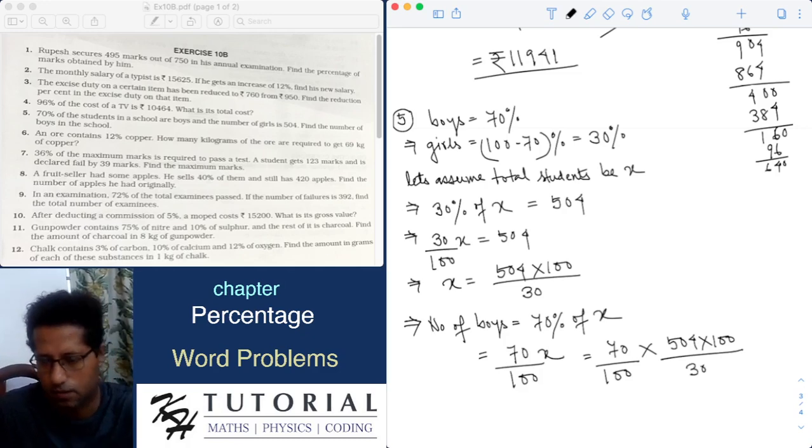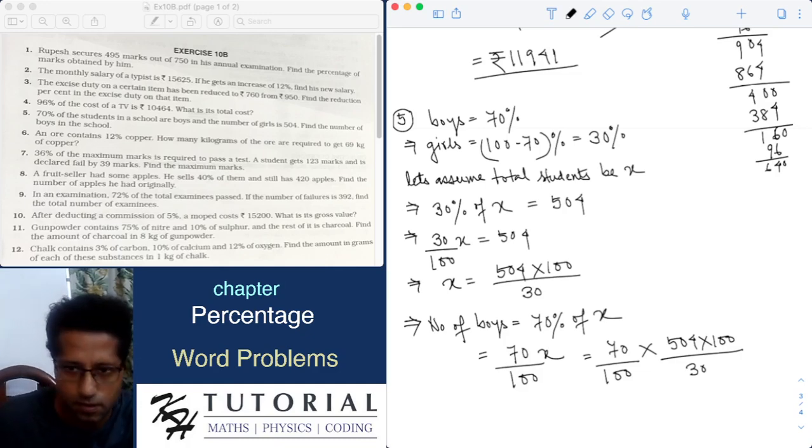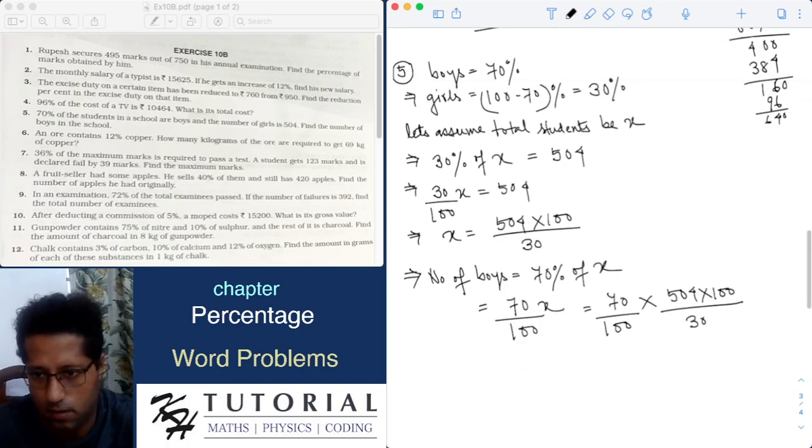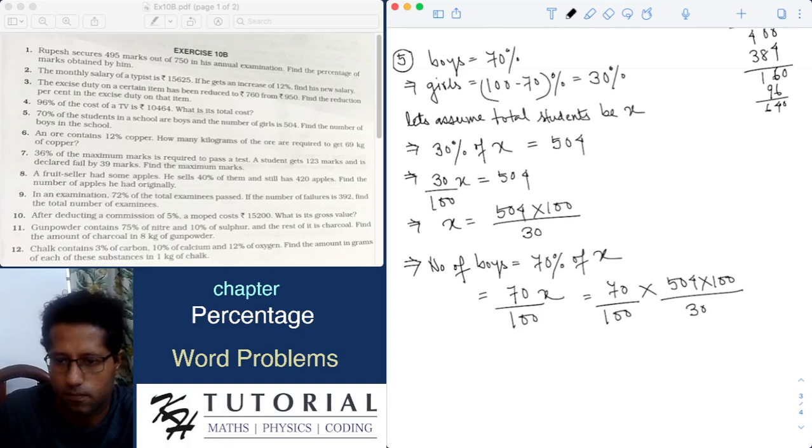So you see 100 will get cancelled out. A lot of factors will get cancelled out. That's the reason I did not compute the final value of X. I kept it like this. So now if we simplify this value, 100 cancels out, the zero of 30 and the zero of 70 cancel out, and I guess 3 will divide 504.